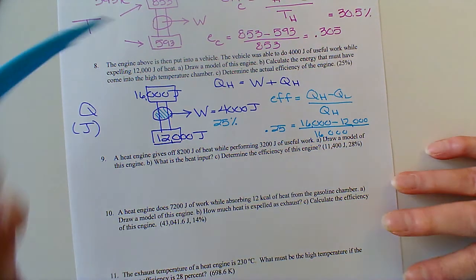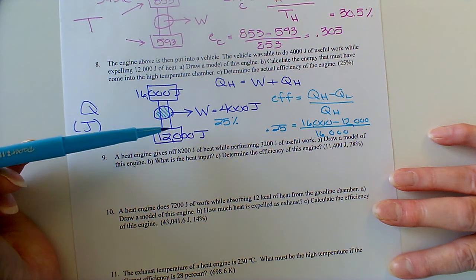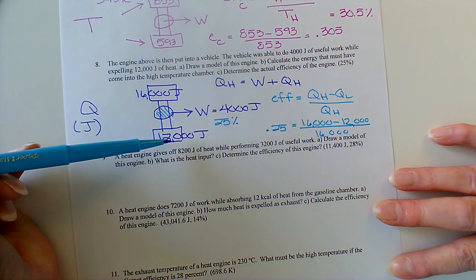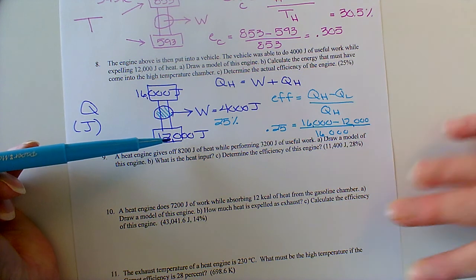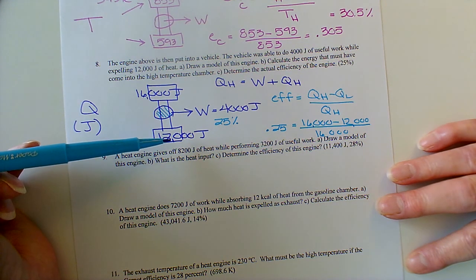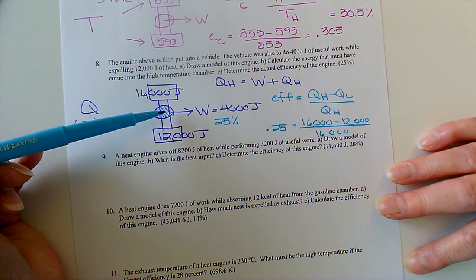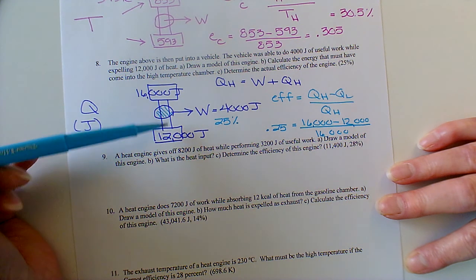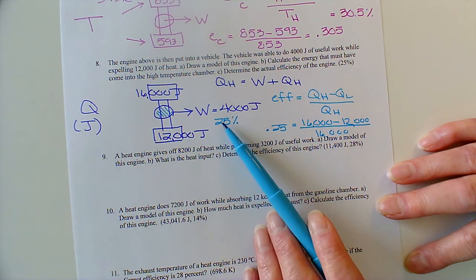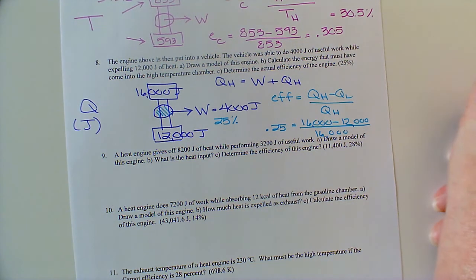Surprisingly, in a real car engine, when you burn your gasoline, we waste a lot of that heat coming out of the exhaust. And if you put your hand near the exhaust pipe of your car, you'll notice it's hot, hot, hot. The more joules that we can extract to go into the W, the less that are going into here, and we can maybe get this closer to its maximum efficiency.